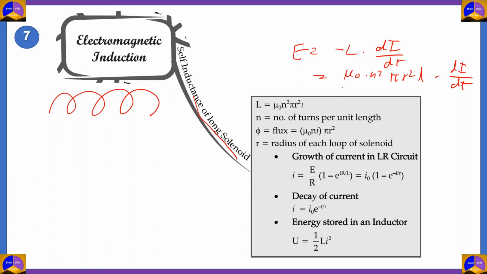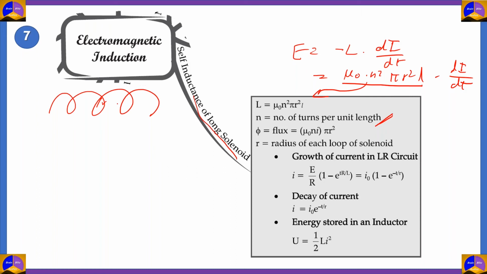So therefore, the value of L, which is self-inductance, is mu naught n square pi r square l, where n is the number of turns per unit length of the solenoid. The phi is flux, which can be written as mu naught n i times pi r square, and r is the radius of each loop of a solenoid. So each of these has a radius r.